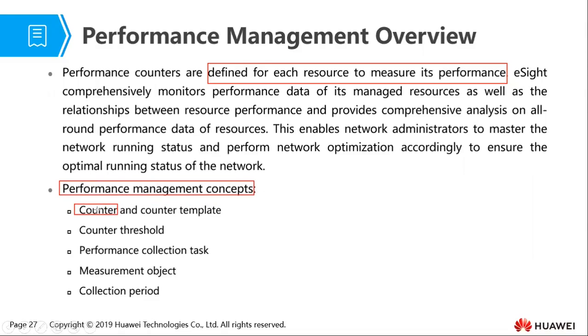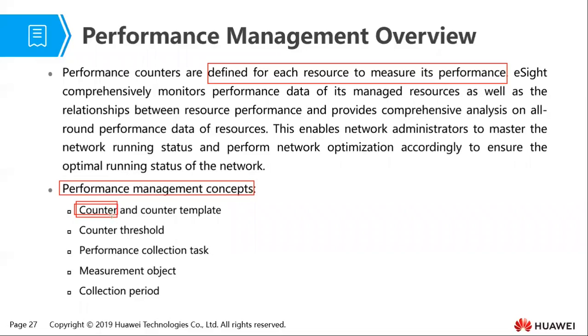Some of the performance management concepts that you need to understand include what we call a counter. A counter is a measure that is used to evaluate the performance of a resource. For example, the performance of the CPU, the performance of the memory, what percent of the memory is being used right now. That is what we call a counter. Switches or routers in your network have similar counters.